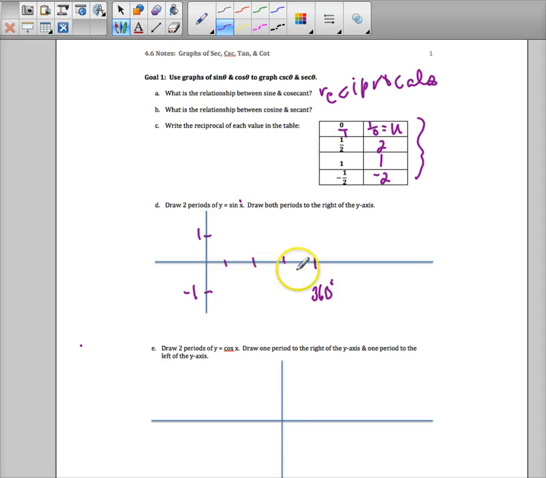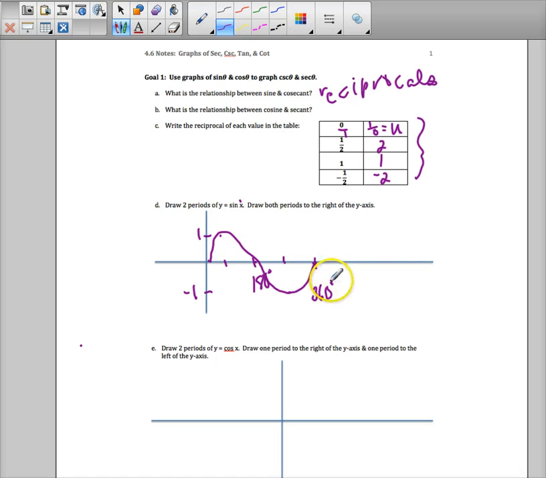Halfway from 0 to 360 is 180. So for our first period of sine, we begin at the origin, go to the max, middle, minimum, and back to the middle. So let's draw one period of sine. I apologize for the sloppiness, it's hard to write on the slate.